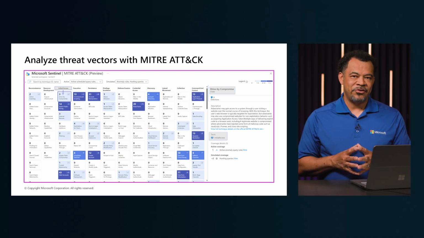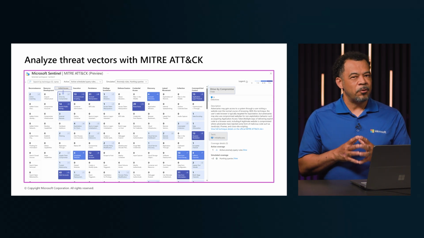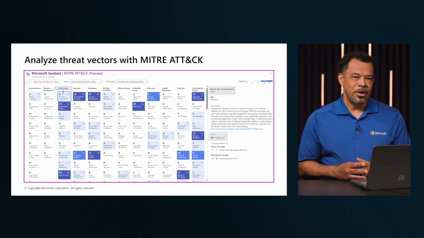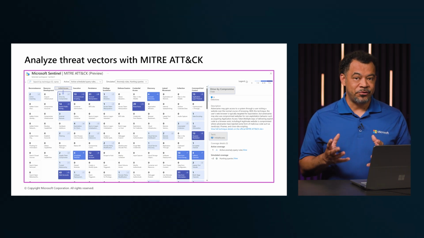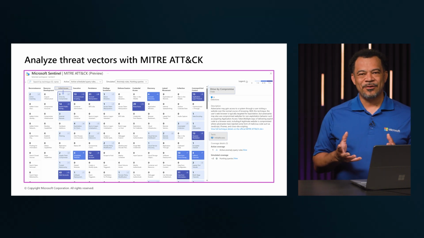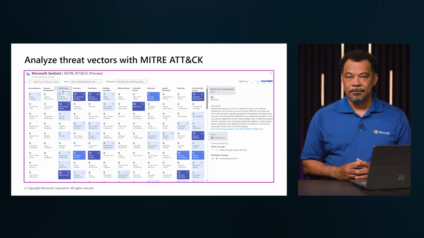Start by navigating to the MITRE ATT&CK section in Microsoft Sentinel to explore threat techniques mapped across your attack lifecycle. Use the search bar to filter techniques by name or ID, making it easier to focus on specific tactics relevant to your environment.